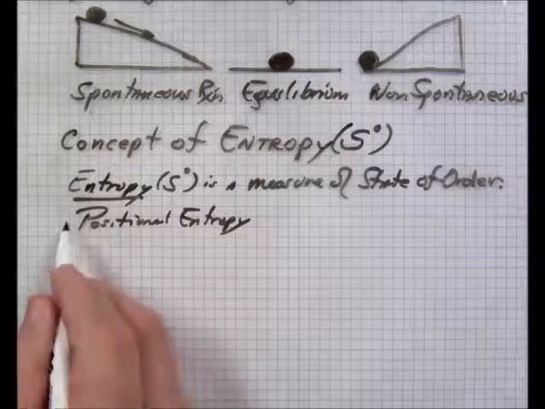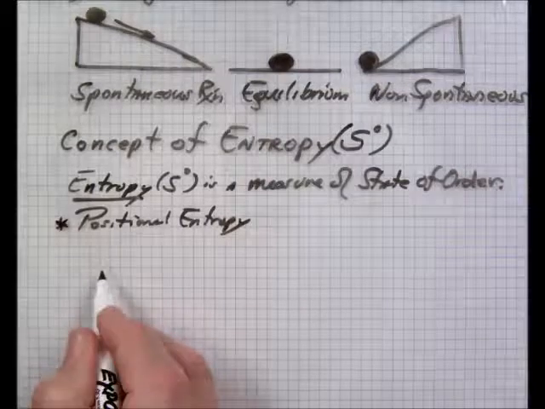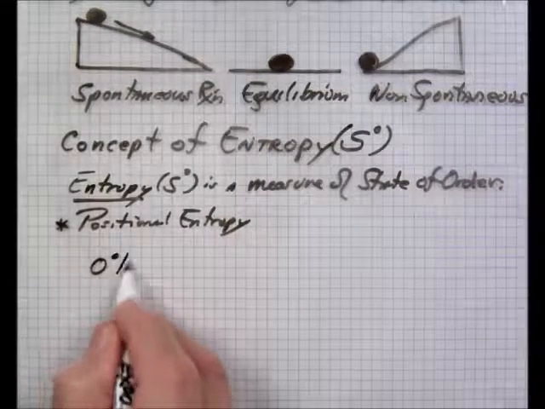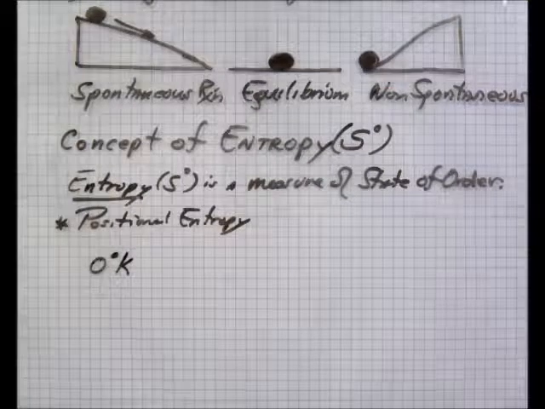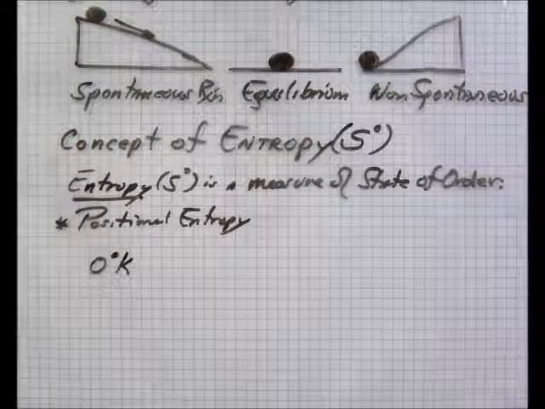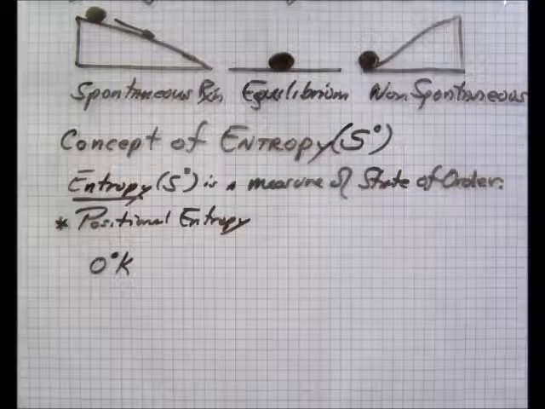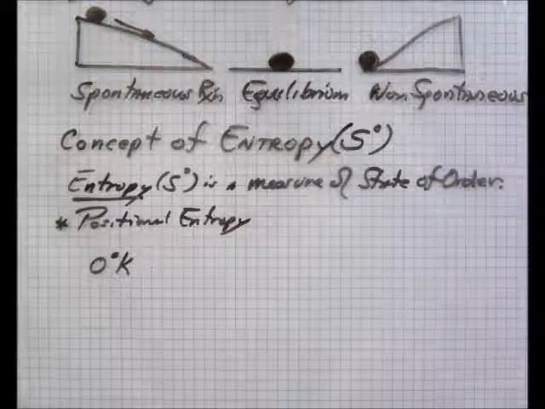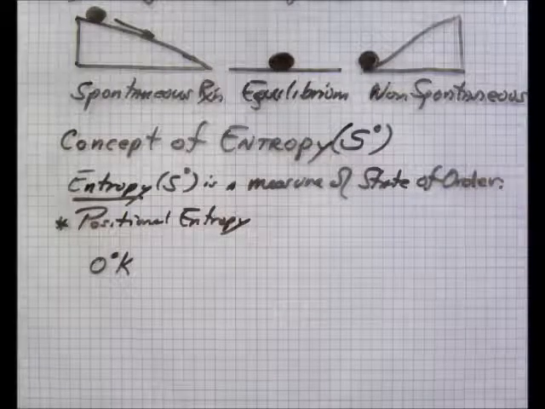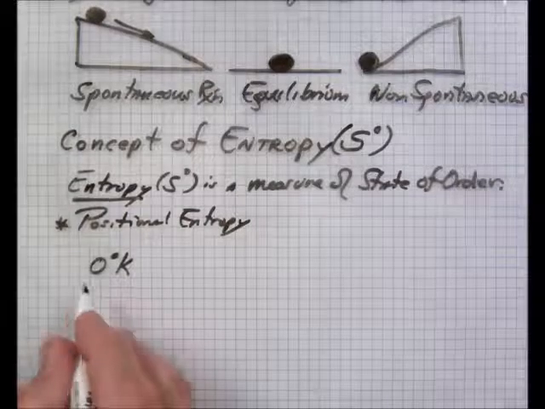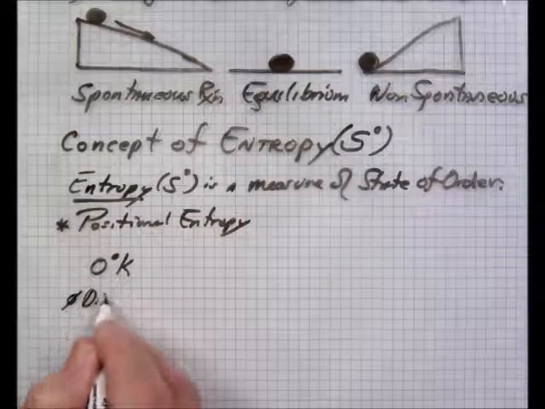To understand positional entropy, we have to go to 0 degrees Kelvin and see what the entropy characteristic of a substance would be at 0 degrees Kelvin. Well, at 0 degrees Kelvin, there is no disorder. This is 0 disorder.